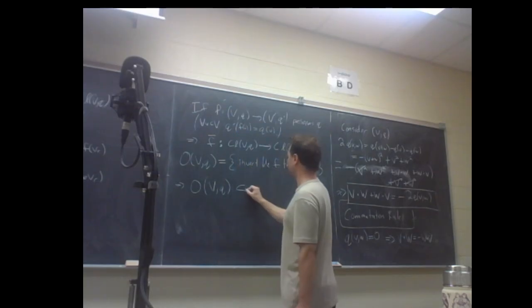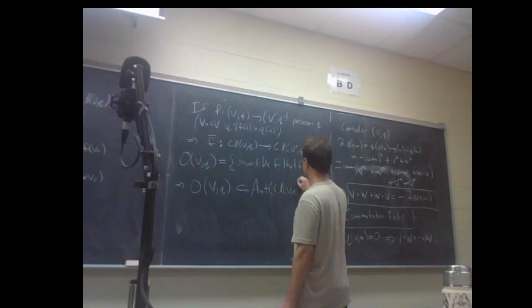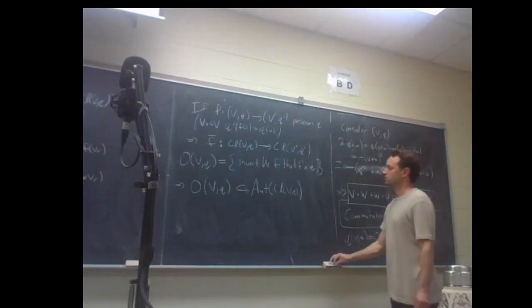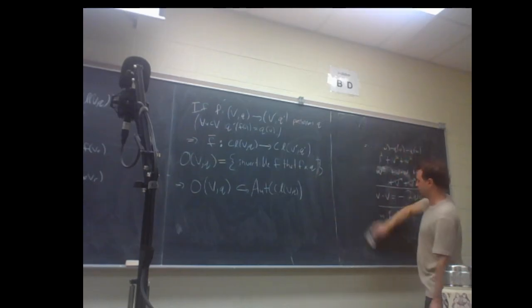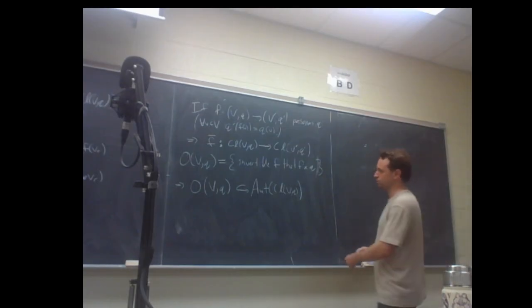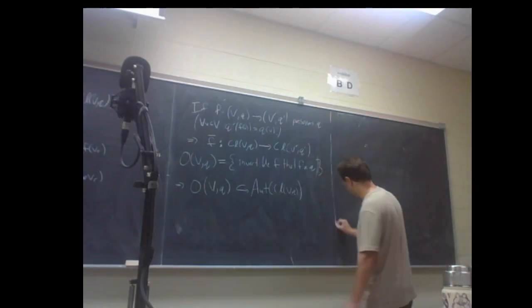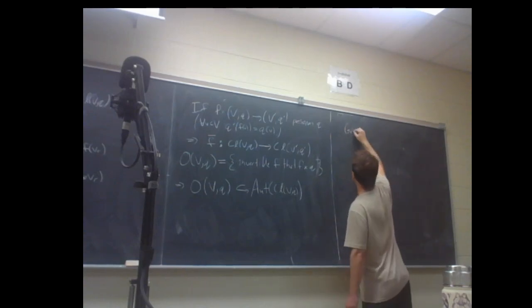So this embeds into the algebra automorphisms of this Clifford algebra, where invertible linear transformations that fix your form go to units. Yeah. Okay, in particular, I want to talk about a very special one called the grading operator.